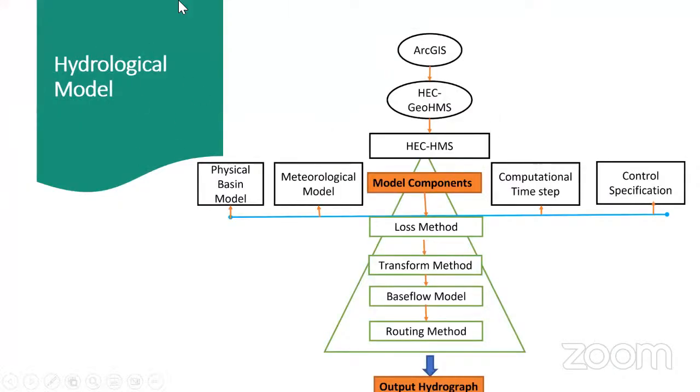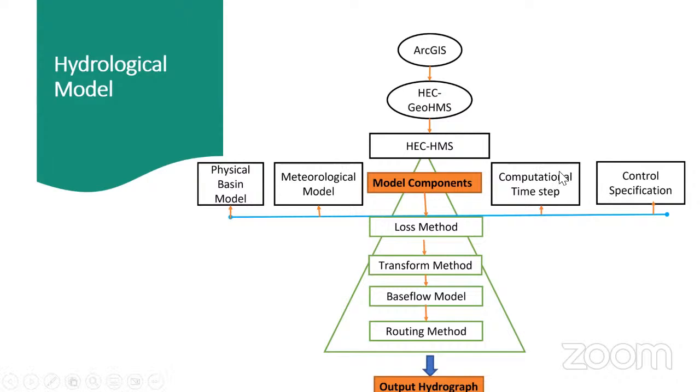Here, this explains clearly the hydrological model. It starts with ArcGIS, then we do some HMS modeling. We prepare HMS, which has inputs like the characteristics of the basin, the river length, the river area, and so on. We also give meteorological model input data like precipitation, and snow if possible.